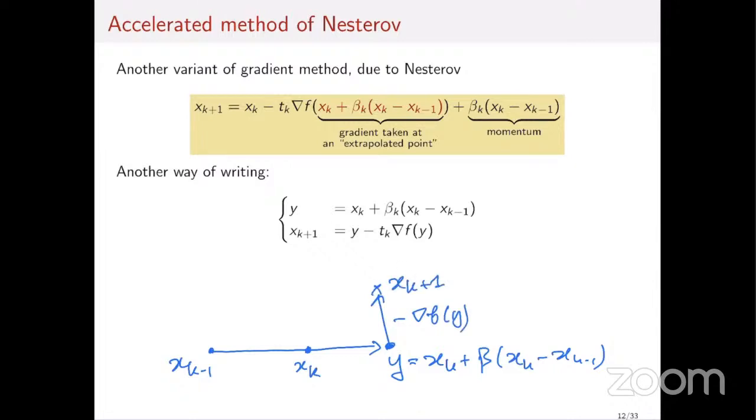Maybe I should have used some colors. But this is really what happens. So if you let y be xk plus beta k times xk minus xk minus 1, this is a way of rewriting the algorithm. It's exactly the same algorithm. You first compute this extrapolation, and then you do a gradient step from this extrapolated point.